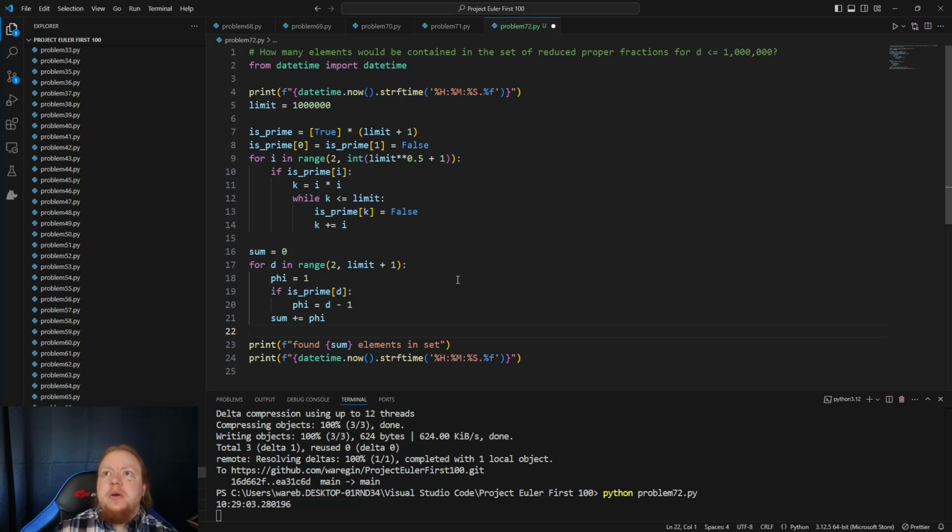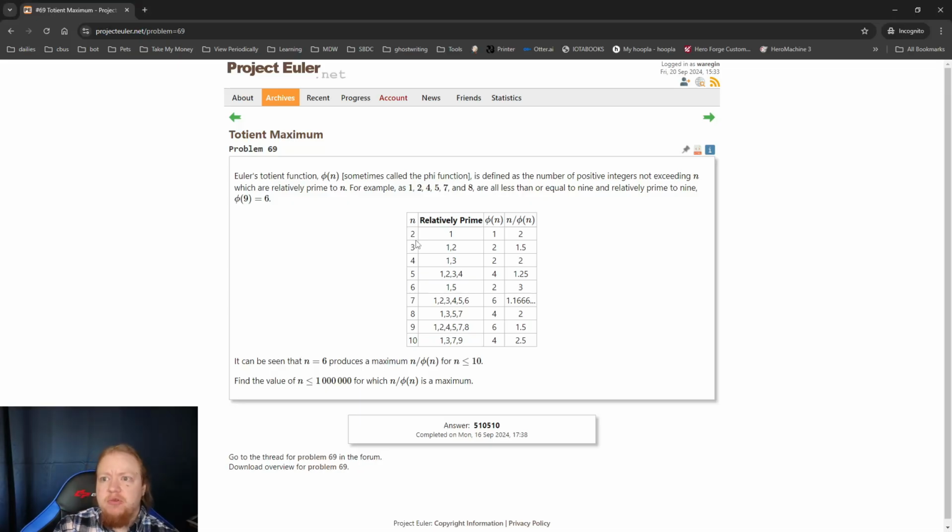Okay, so every number is either a prime or primes multiplied by primes. So all we have to do is find the prime factors and subtract them.